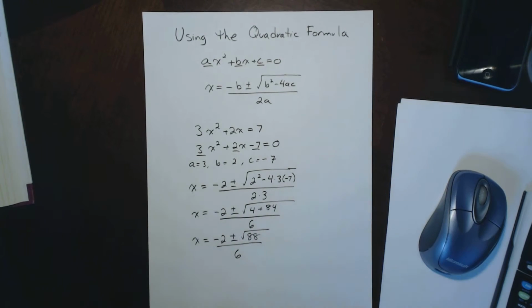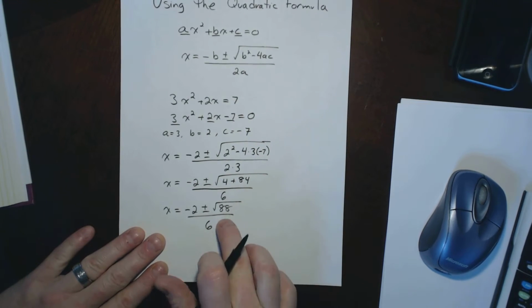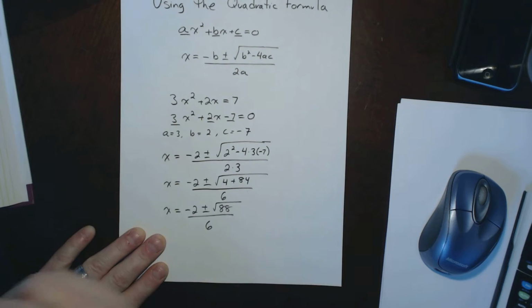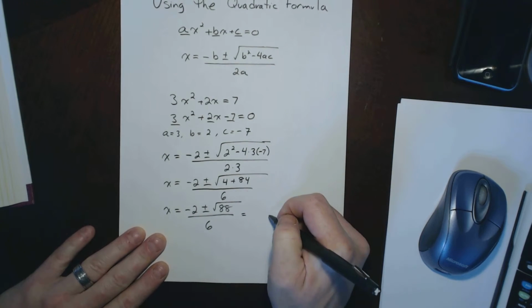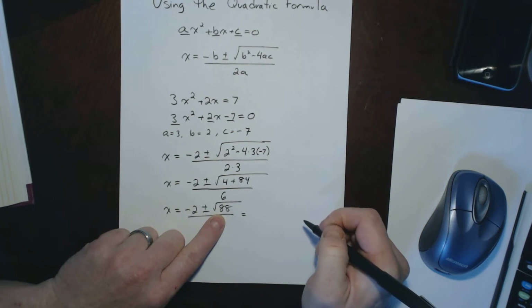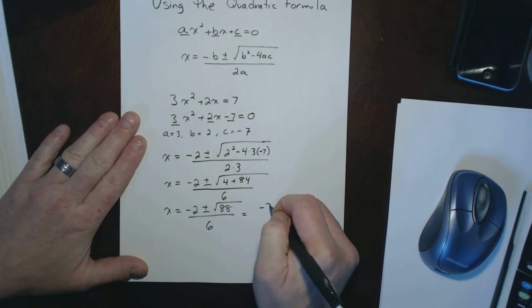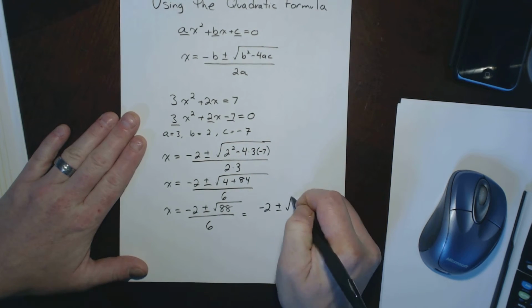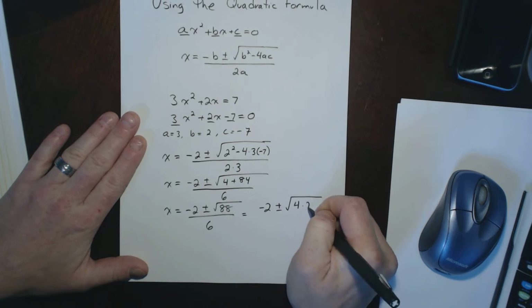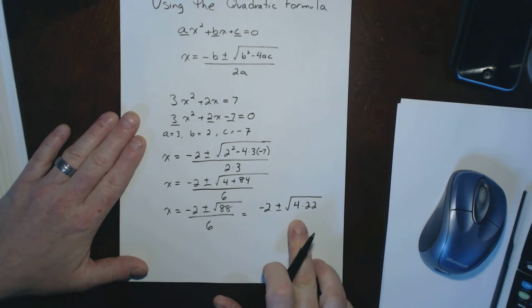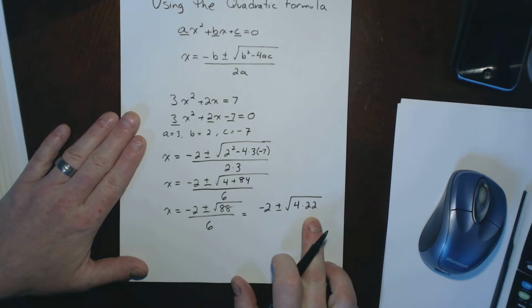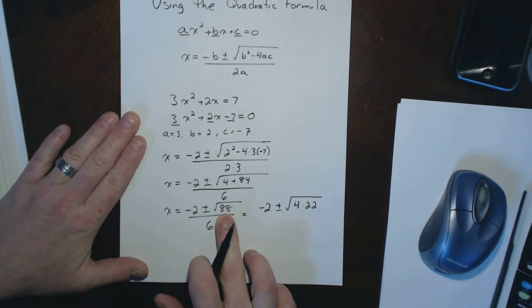So now I want to see if I can reduce underneath the square root. I know that 88 is 4 times 22. Remember that when you're rationalizing, you want to pull factors of this number that are perfect squares.